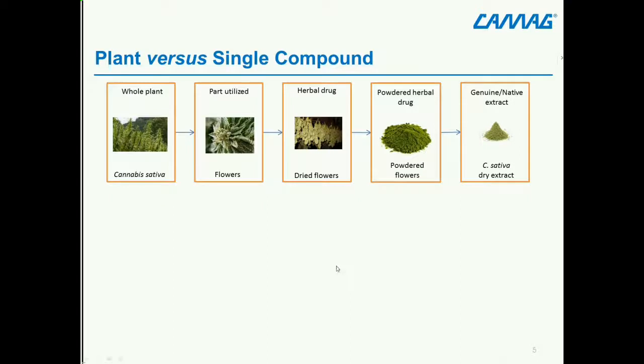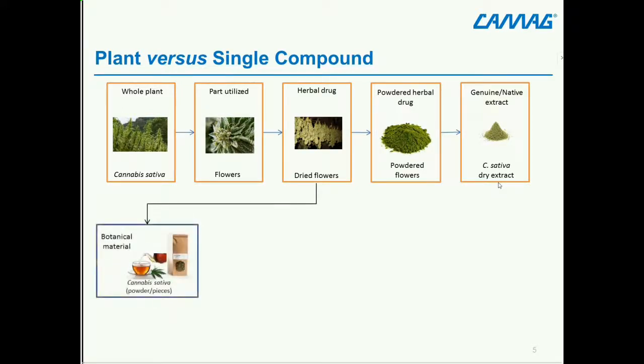If we look now here on this top, we have whole plant flowers, dried flowers, powdered flowers and dry extract. All of those sample plant materials are very complex, and there especially HPTLC is beneficial to test the identity.